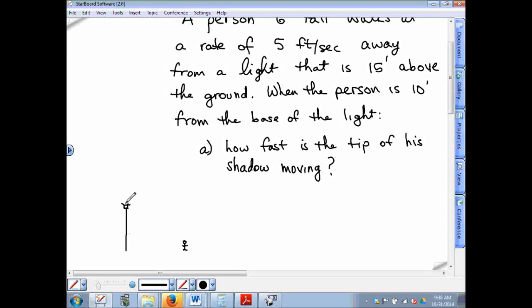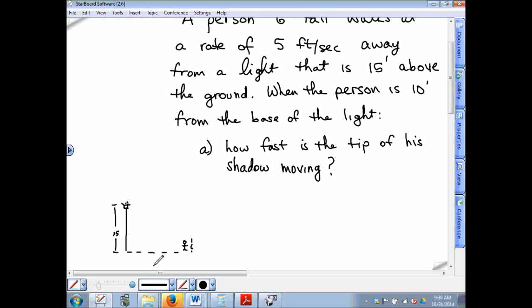So we got this light source here. We're on the same page. We got this person, 6 feet tall, and then the light is 15 feet tall. That's pretty much all we have to go on.